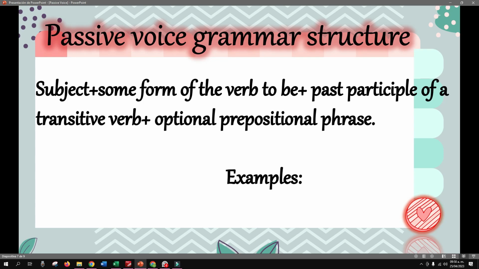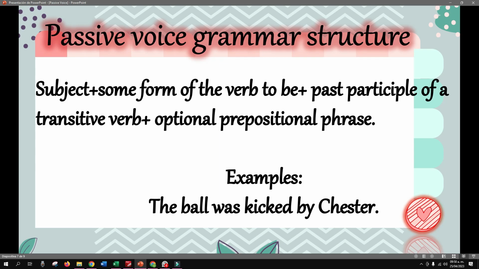So, examples. The ball was kicked by Chester. So this is different. You don't have Chester kicked the ball. No, right? So the ball, you have the object here first, right? That will be the subject in that case. Then you have was.